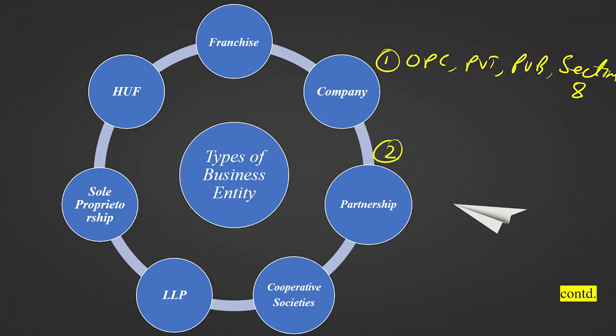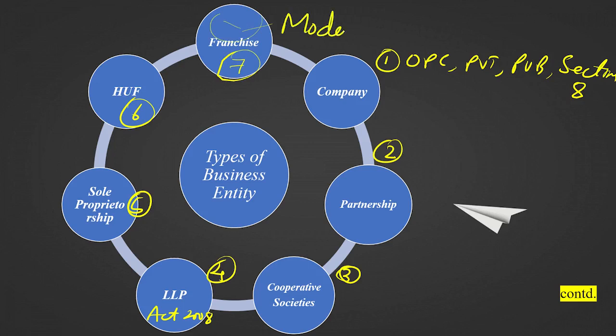Then we have partnership firm under the Indian Partnership Act 1932, cooperative societies, that is a business, limited liability partnership under the LLP Act of 2008, sole proprietorship concern, the most common type of business, very common, Hindu undivided family for Hindus, and franchisees. Franchisee can be any form of business, but it is a model. So it is a model, it is not a form of business, it is a model. So these are the types of entities which you can run.